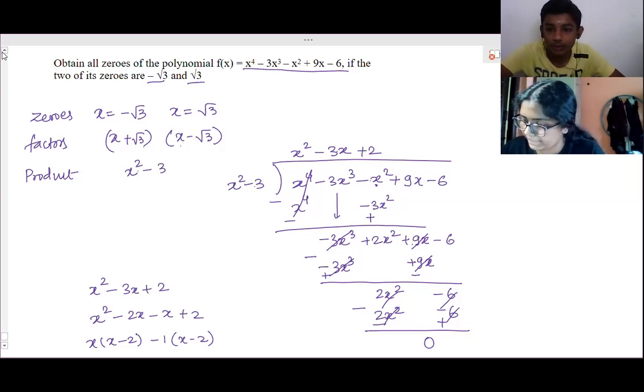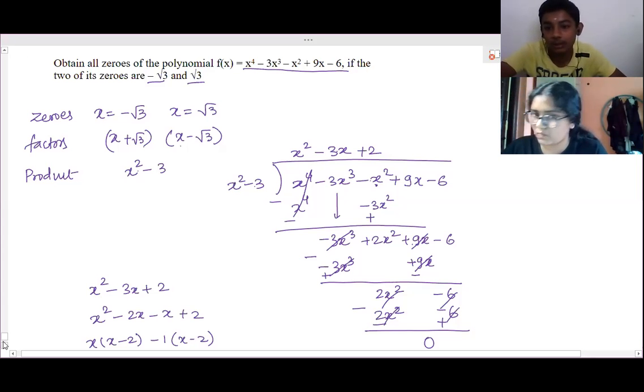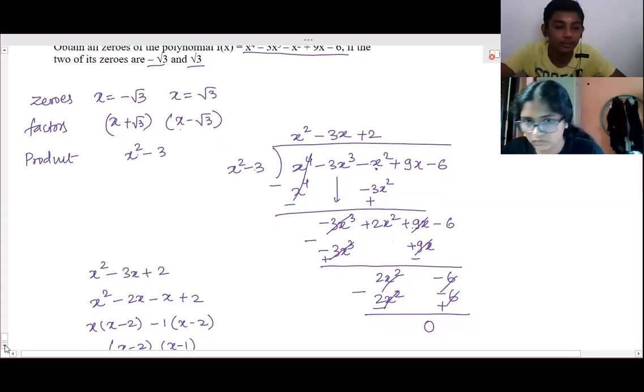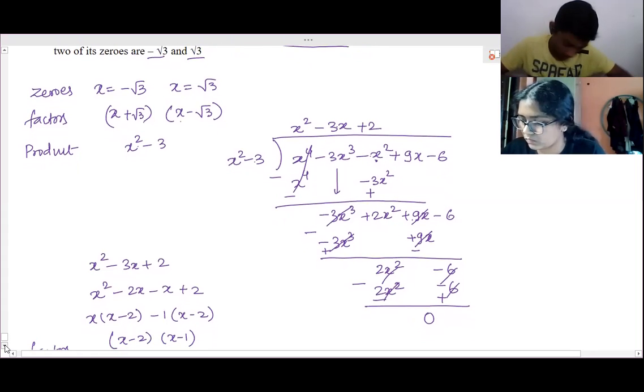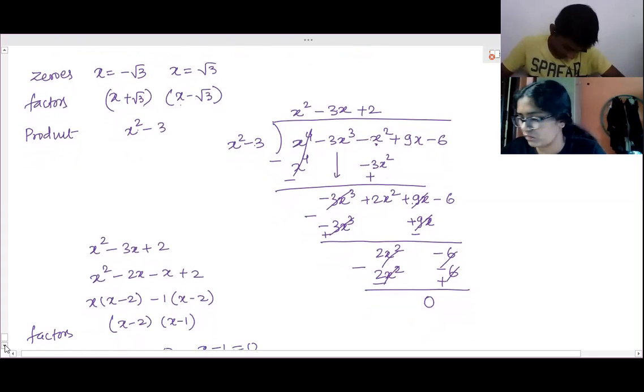Ma'am, in questions, if they are giving biquadratic polynomials, they'll give 2 zeros, ma'am? Yeah, always. If this is completed, then solve the next one, 67th one.